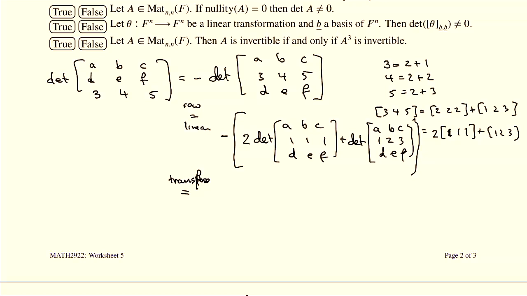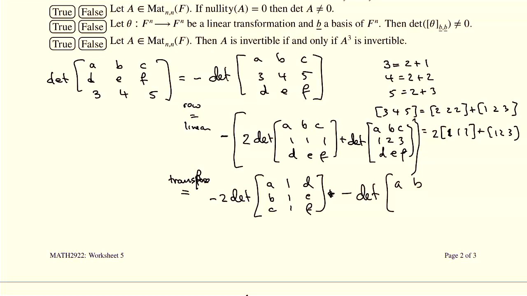Transposing doesn't change anything, so we get minus 2 det A, B, C, 1, 1, 1, D, E, F, and now minus sign here, det of the other guy, A, B, C, 1, 2, 3, D, E, F. And I think they're the ones we were given.